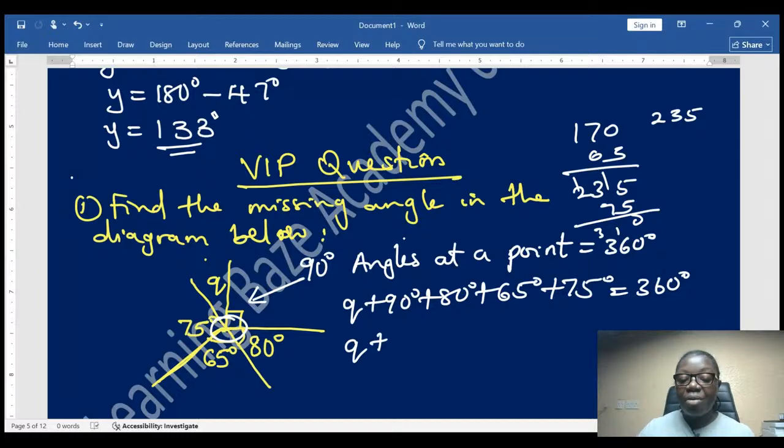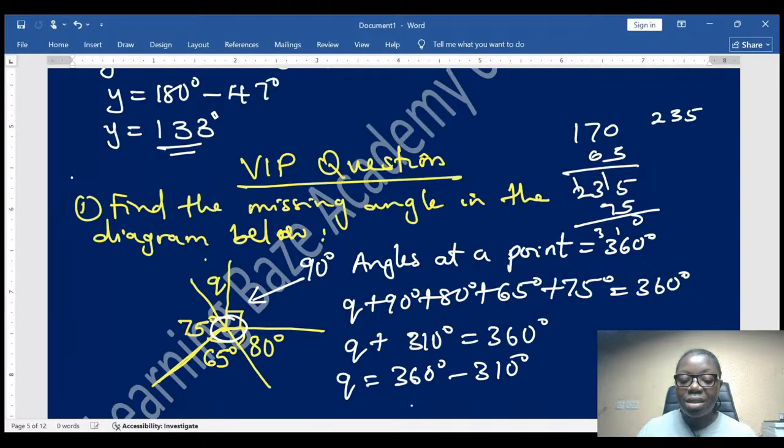Are we very sure? Yes. So 310 degrees equals 360 degrees minus Q. So Q is equal to 360 degrees minus 310 degrees. Q is equal to 50 degrees.